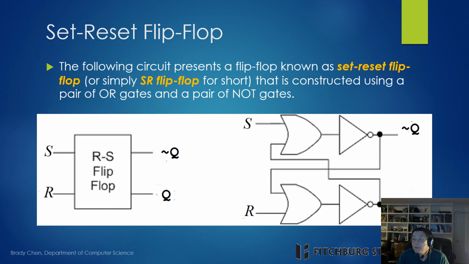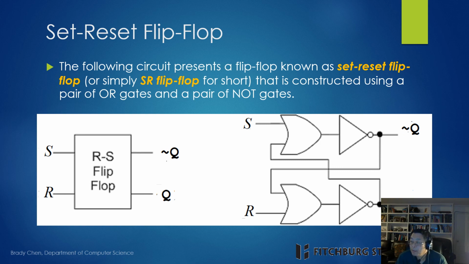There may be many different flip-flop designs. Now, the following circuit presents a flip-flop known as the set-reset flip-flop. The diagram shown in this slide is called a set-reset flip-flop, or sometimes we call it an SR flip-flop.